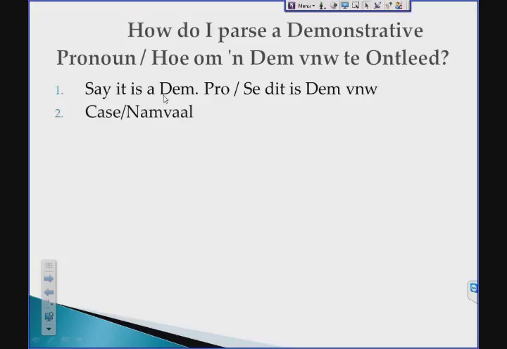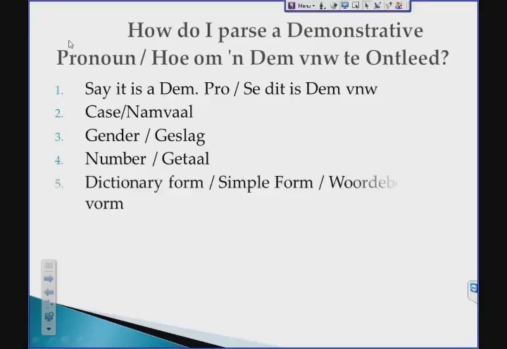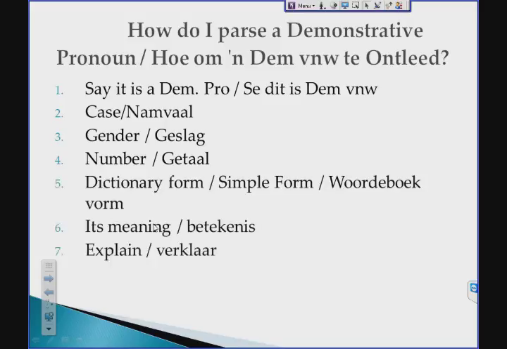And secondly, I need to know all those three: case, number, and gender. And then the dictionary form and its meaning. And then the last thing, you must explain whether it is a subject or genitive, and how it is working in that context. Okay?